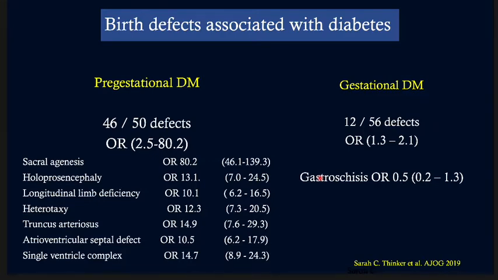On the other side, gestational diabetes causes fewer birth defects, just 12 out of 50. And this is because it happens in the second and third trimester, while embryopathy is done within the first 12 weeks.